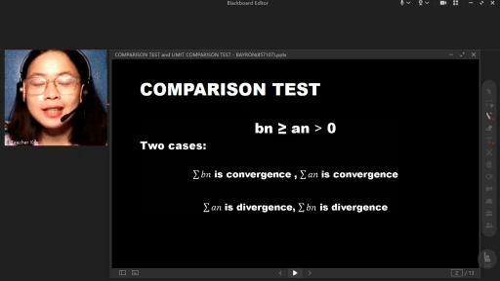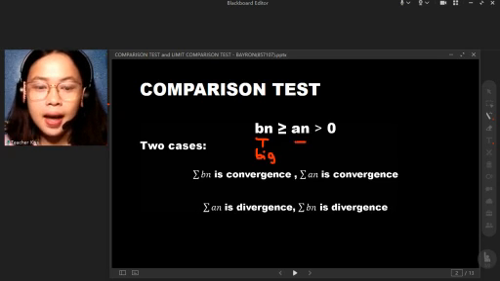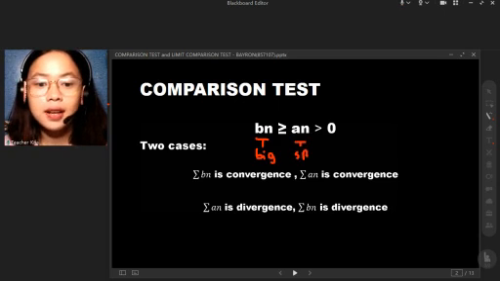So, first, we are going to talk about the comparison test. B sub n will be our big sequence, and A sub n will be our small sequence.